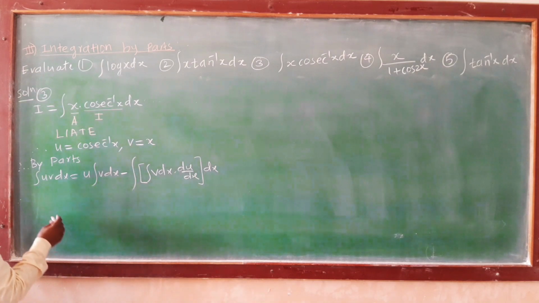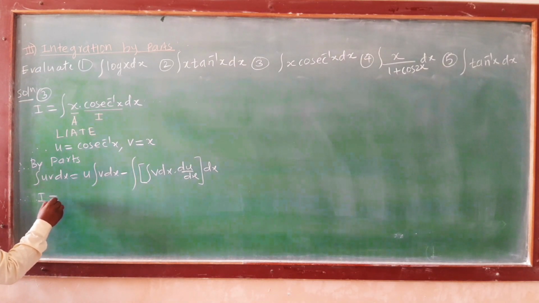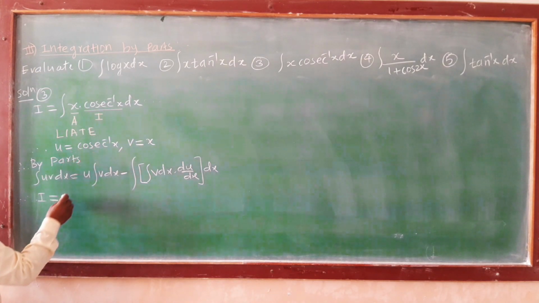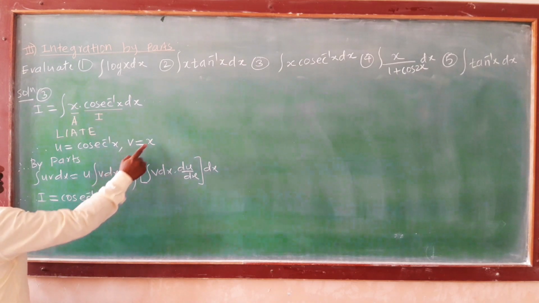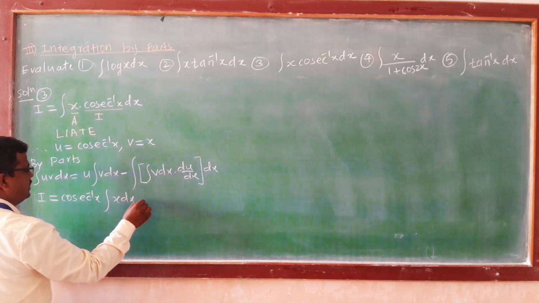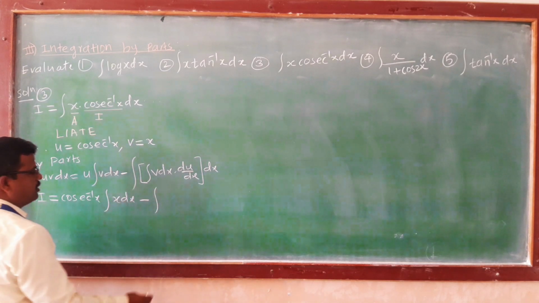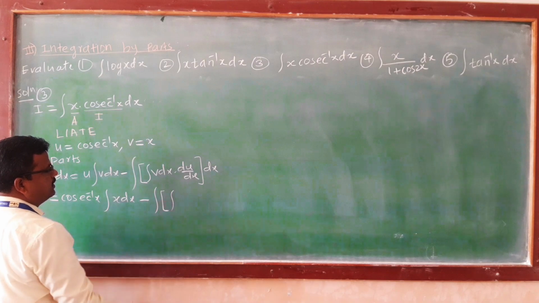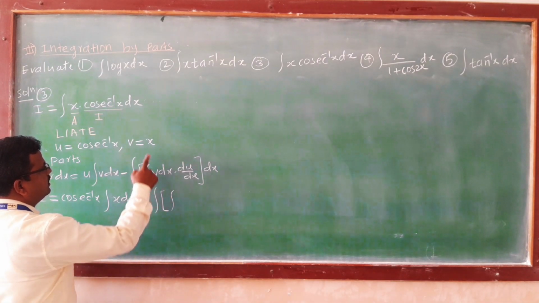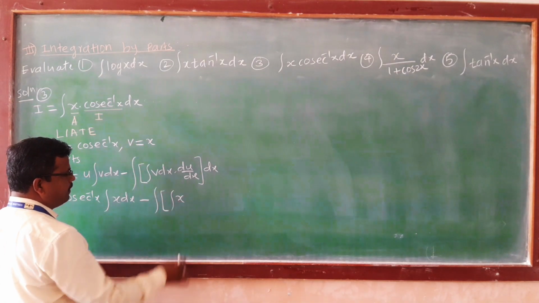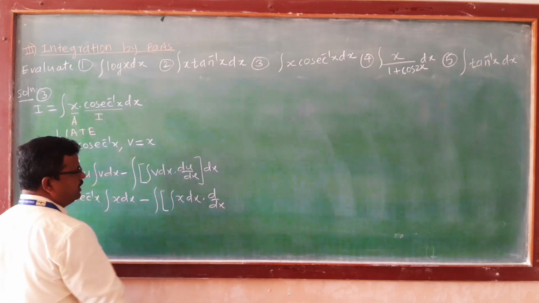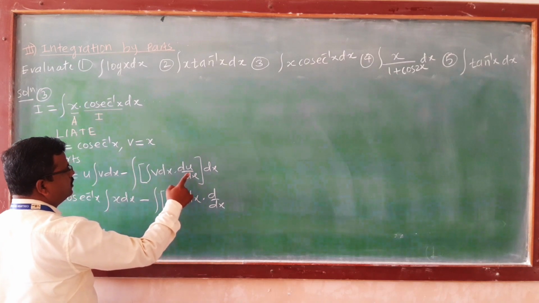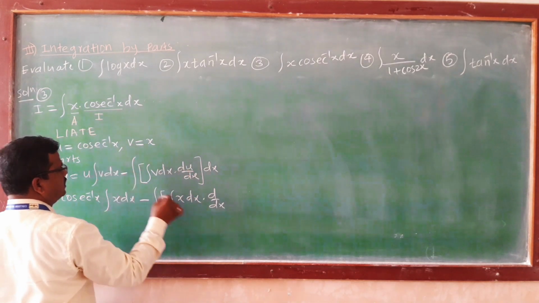Put in this formula, therefore I is equal to u, u means cosec inverse x, integration of v, v means x dx, minus integration of square bracket, again integration of v, v means x dx, into d by dx of u, u means cosec inverse x.